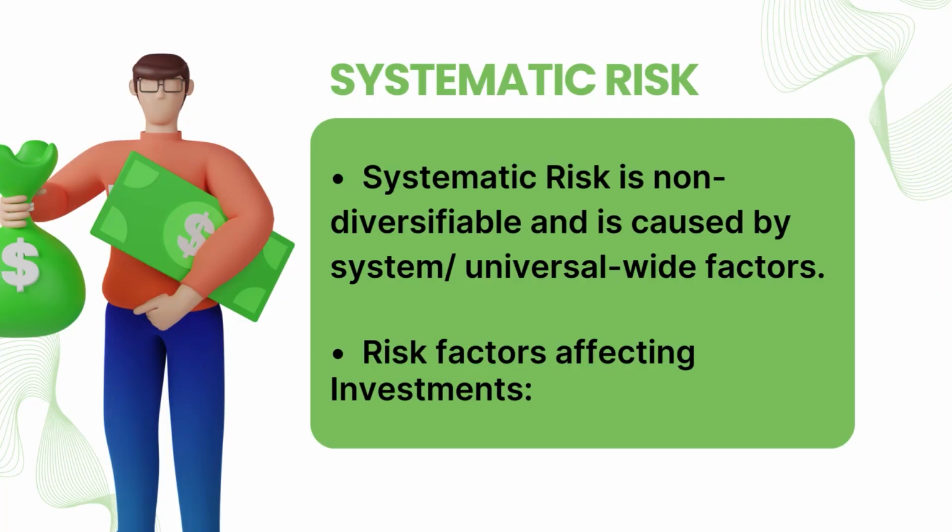These factors are not in the control of an individual investor. No one can control these factors. That is why systematic risk resulting from these factors is called non-diversifiable. That means it cannot be diversified away. It cannot be eliminated. So long as you remain invested in the market, you will have to bear this level of risk.